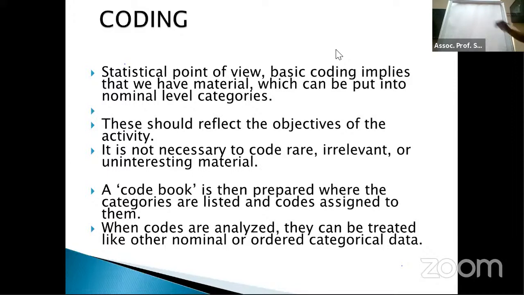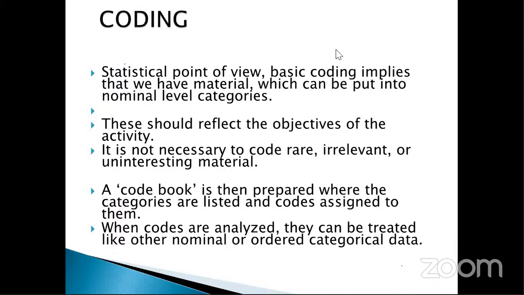Okay, so assuming this is my code book, and I am on the left and I'm right-handed, so excuse me if I write very badly. We have the first question, so we are going to call it variable 1. It's ID.